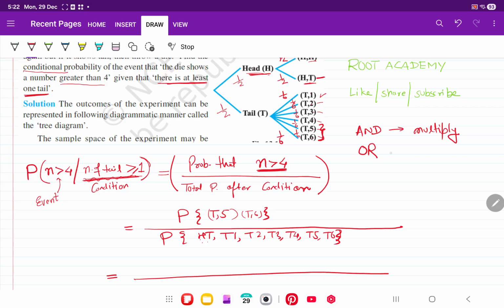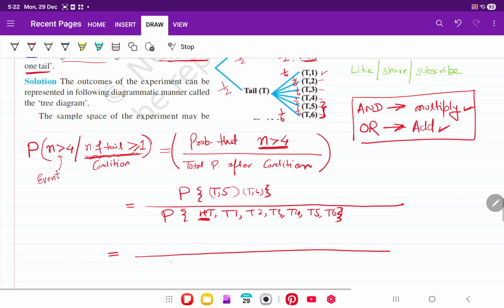And when we use the word 'or', we always add. So this is the fundamental law of probability finding, right? Whenever we use this and this, we multiply both probabilities. If there is 'or', then we add. Okay? So we need head and tail, head and tail. So the probability of head is 1 by 2 and of tail is 1 by 2.